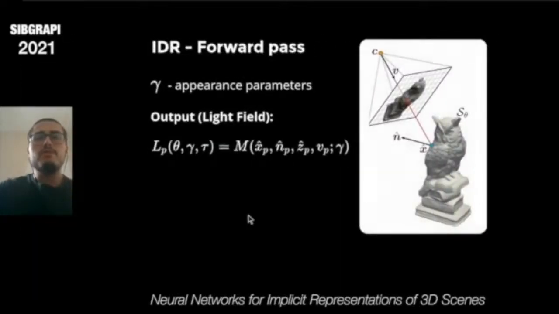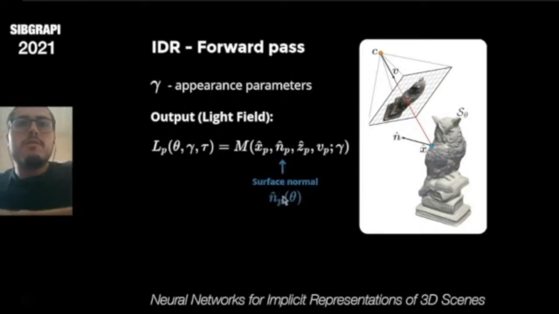And the appearance, so LP here is the actual color on your pixel. So you want to know the color in your pixel here. So what you do is that you have your ray casting, and then LP is like a light field function that has the radiance that is incoming at x hat. We have information about the normal in the geometry. So the normal here will be a function of the geometry.